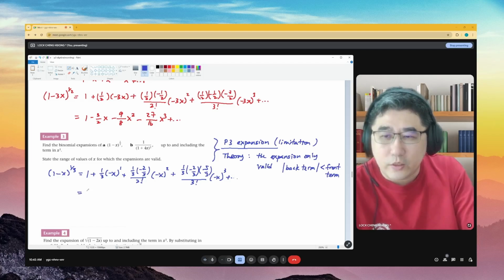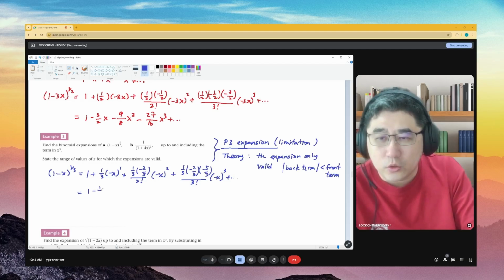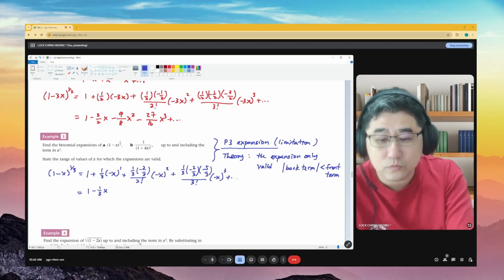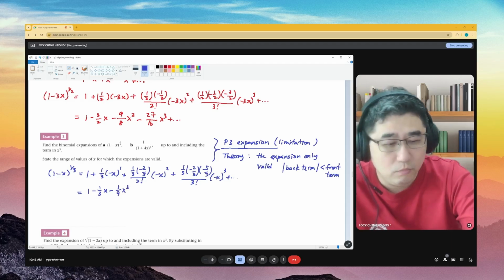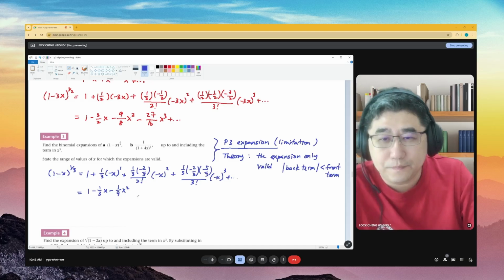I'm going to simplify the numbers. 1 minus 1 over 3 x. Let me simplify the numbers using the calculator. So minus minus minus, so negative 1 over 9 of x squared.